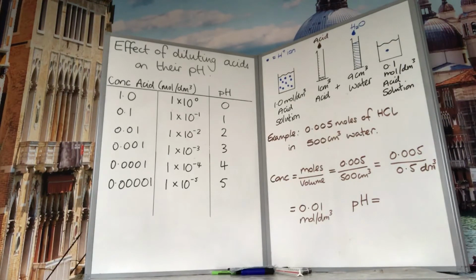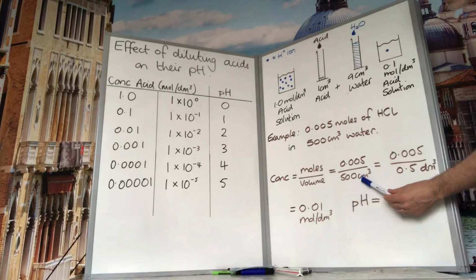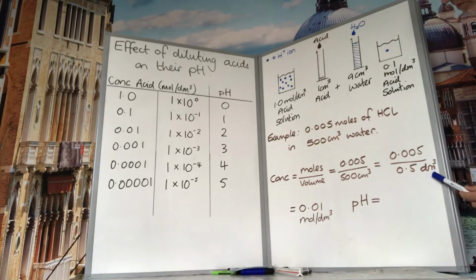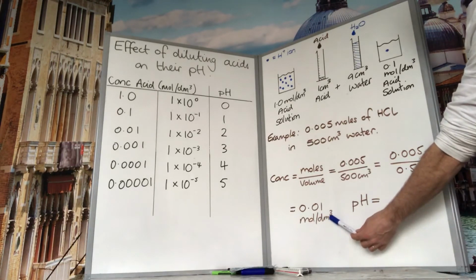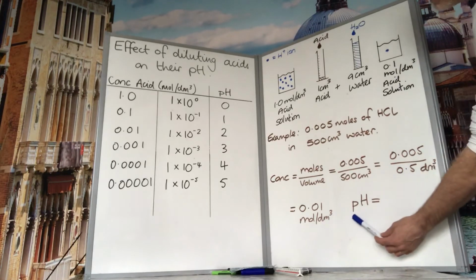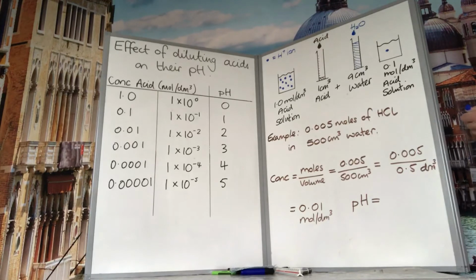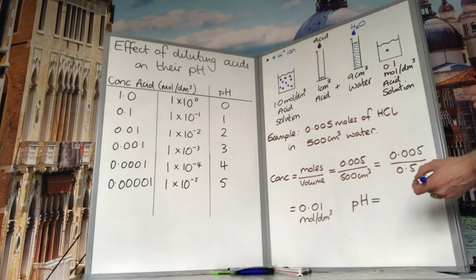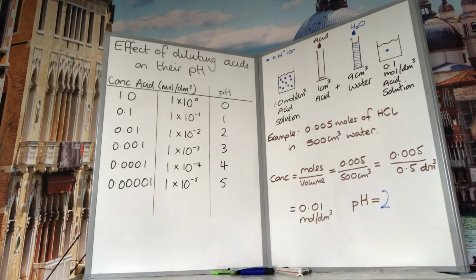However, concentration is always in moles per decimetre cubed, so we have to convert that into decimetres cubed. So we divide it by 1,000. That gives us a final concentration of 0.01 moles per decimetre cubed. So the pH, if we refer back to our table over here, is going to be 1 times 10 to the minus 2, which is a pH of 2. Okay?